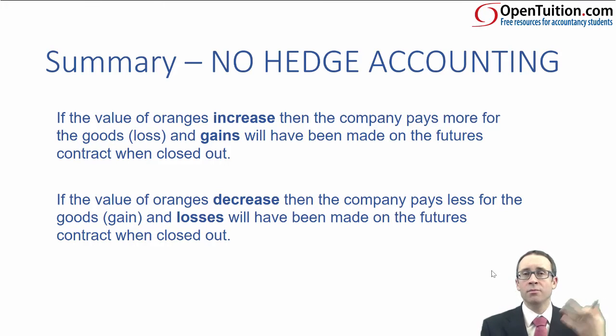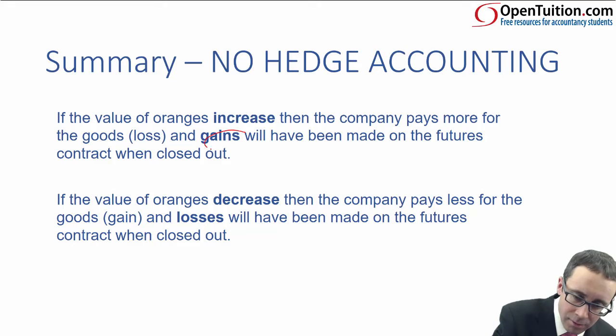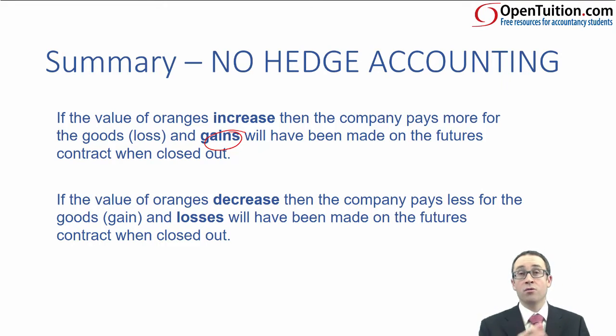So although you've made a loss on the purchase of oranges, you make a gain on the actual instrument, your financial instrument, your derivative, your bet, okay. So the gain and the loss should offset, okay. However, as it stands, those gains that you have on the future will go through profit or loss with no hedging on a monthly basis or at the end of each reporting period. Okay, so there's an accounting mismatch.